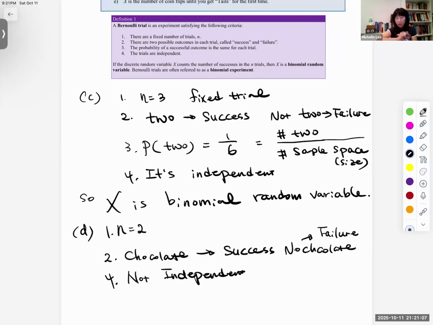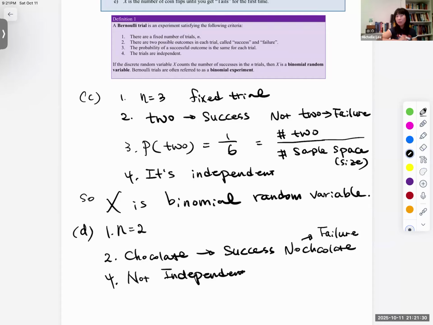Because if we get chocolate the first time, then the second choice is less likely to get chocolate, right?